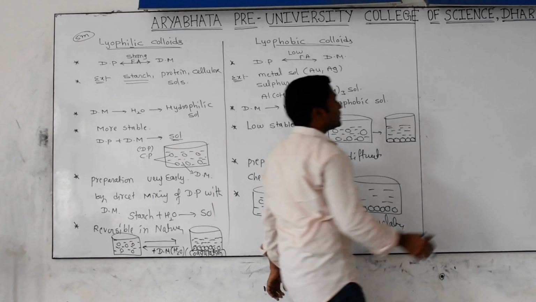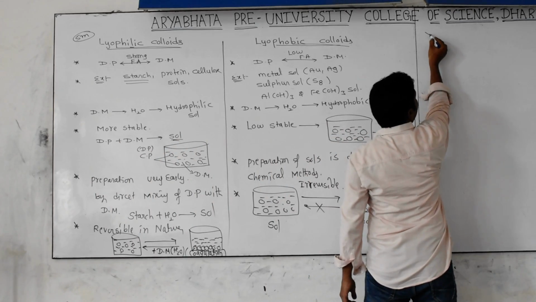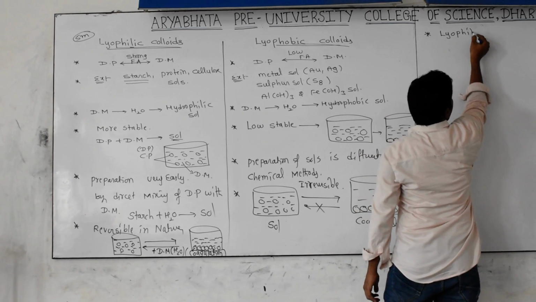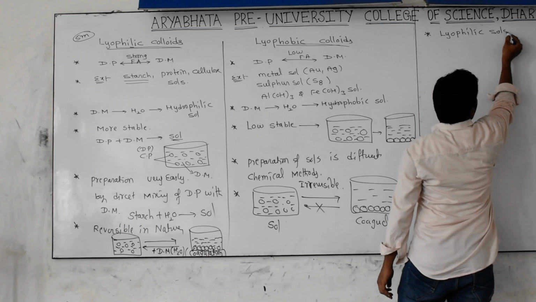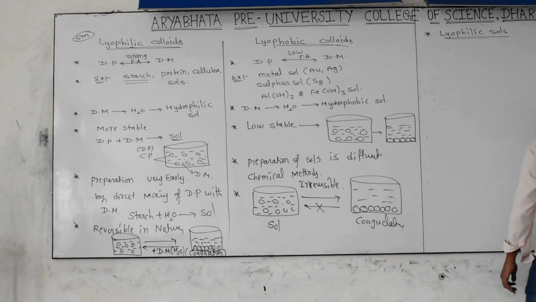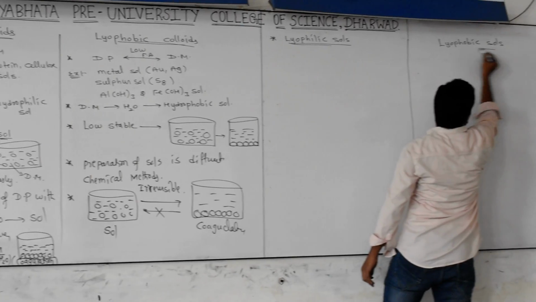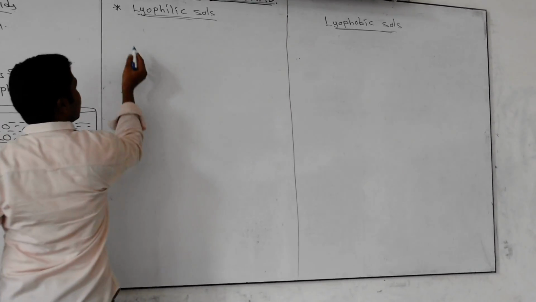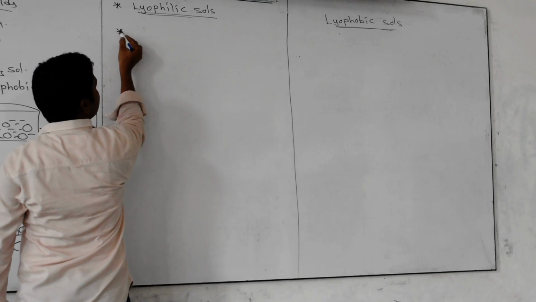I want to discuss some other points regarding lyophilic sols, and we also have to discuss lyophobic sols. Some other characteristics. Look carefully at lyophilic sols. We discussed many already, but still we have to discuss some other things.